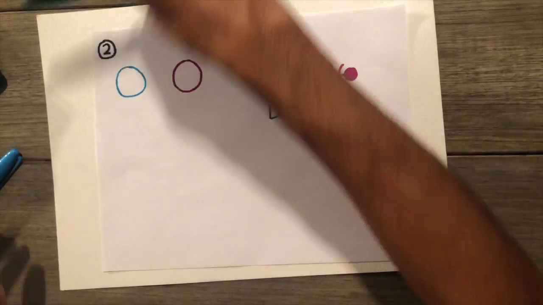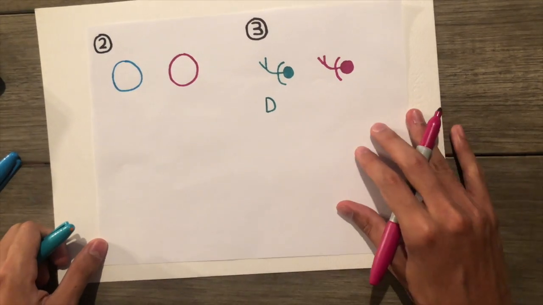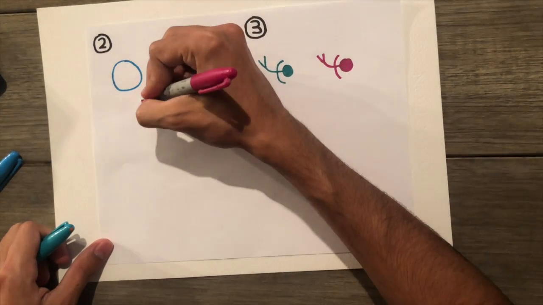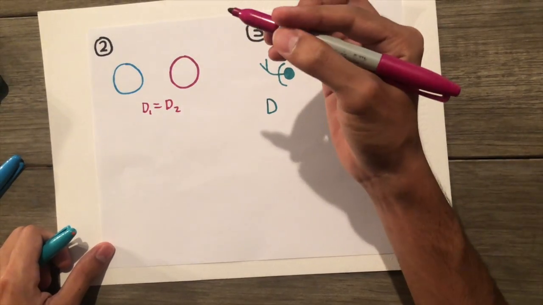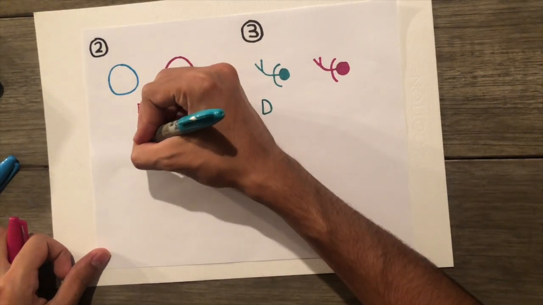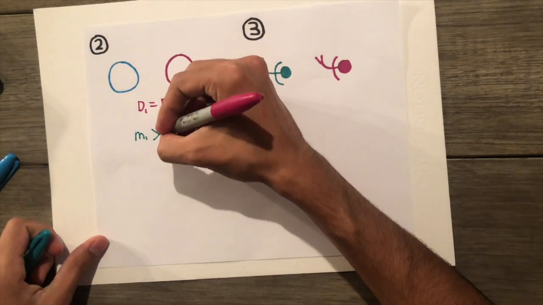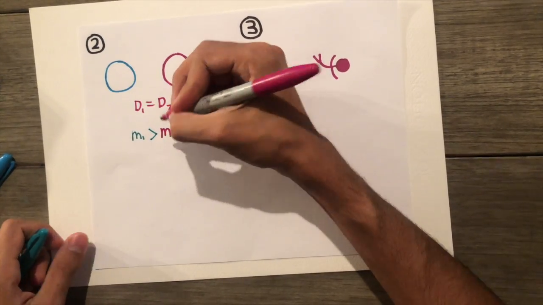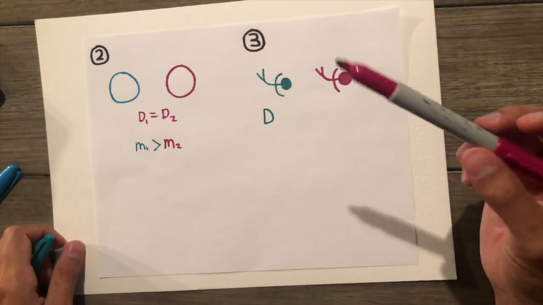So let's say we have two objects with the same shape and size. They both share the same constant d, but the one on the left has a higher mass than the one on the right. So which one reaches a higher terminal velocity?